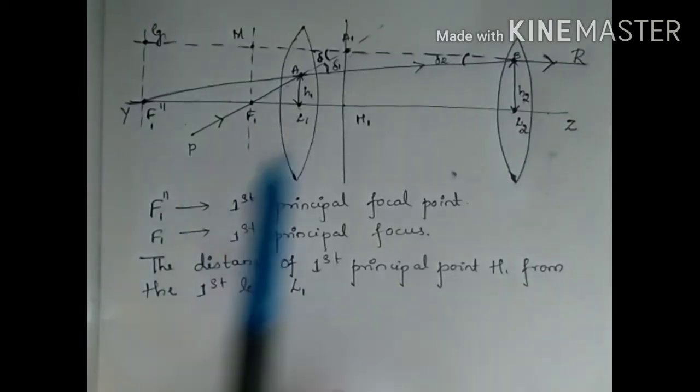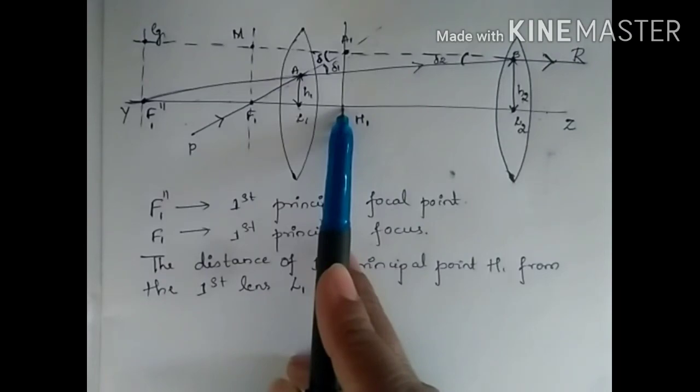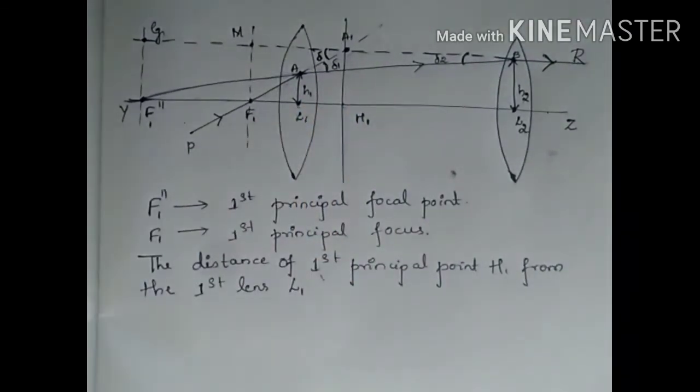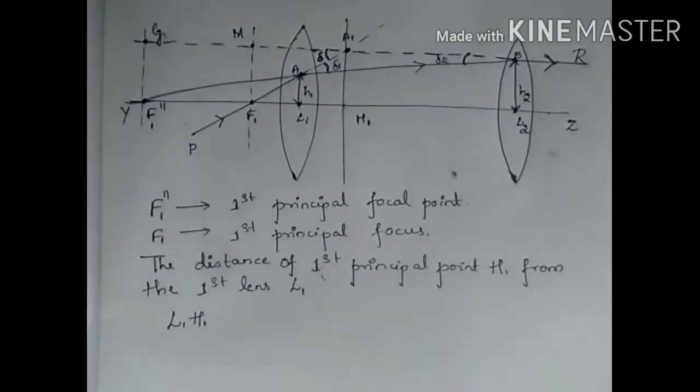So what we have to find is the distance of first principal point. So this is first principal point. So this distance from the point L1 we have to find. So that is L1 H1.